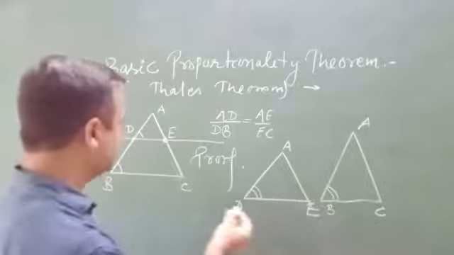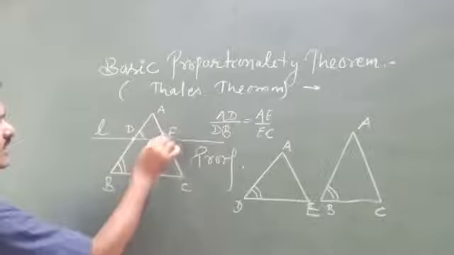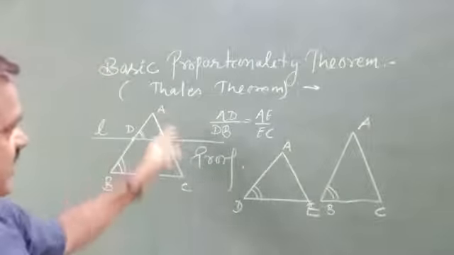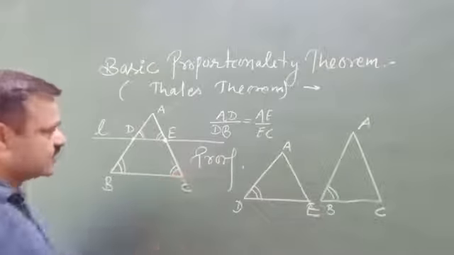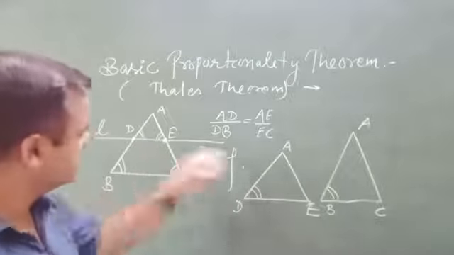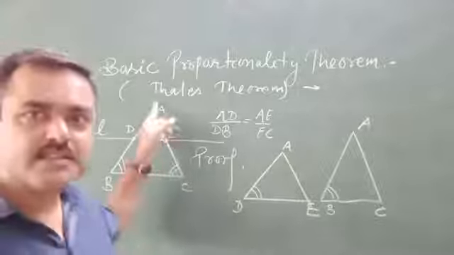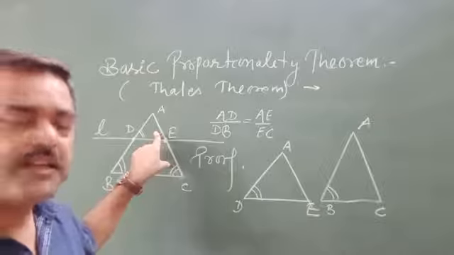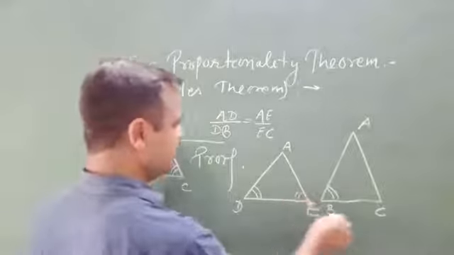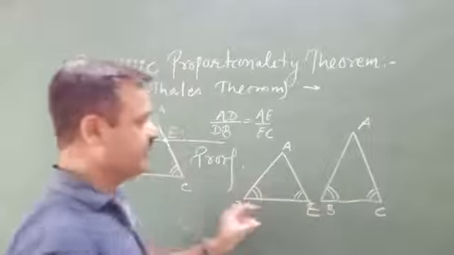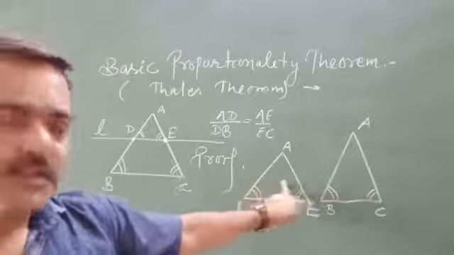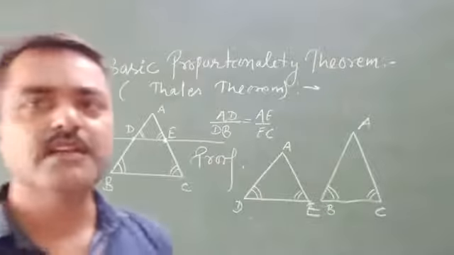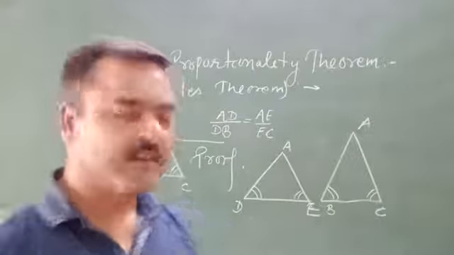Similarly, angle AED and angle ACB are also corresponding angles, because this line is parallel to this one and this is the transversal. So these two corresponding angles are equal, meaning angle AED equals angle ACB. In these two triangles, two corresponding angles are equal, so they are similar by the AA similarity condition.